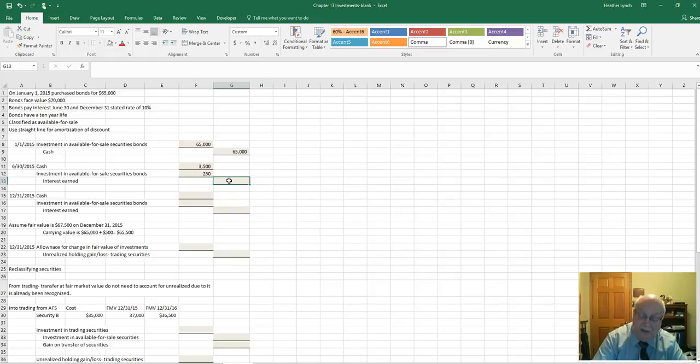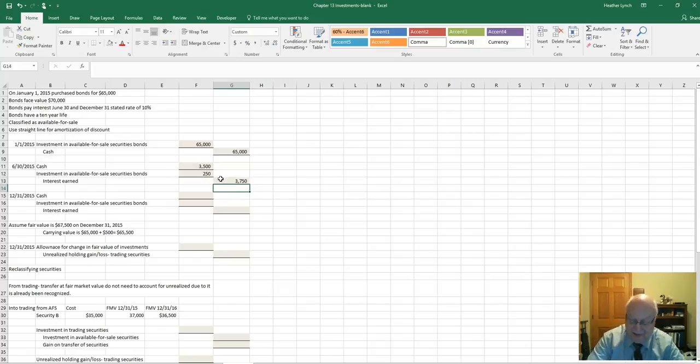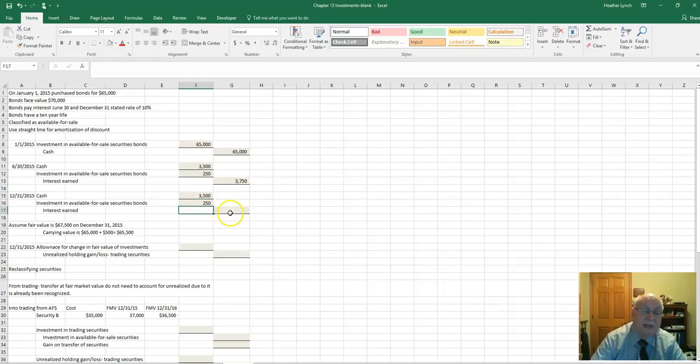And the interest earned then would be, because this is at a discount, so maybe it increases it, so the interest earned would be these two added together at $3,750. Okay, and then this entry, because it's straight line, is going to be the exact same thing, $3,750. Okay, that's for the year.